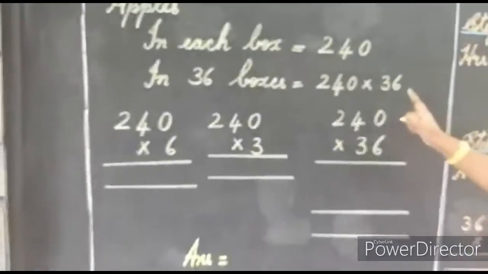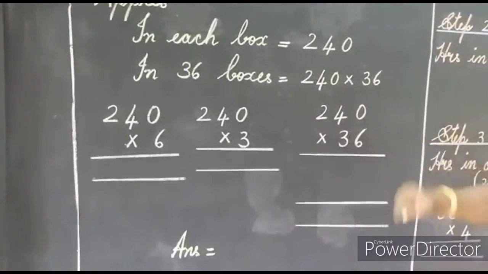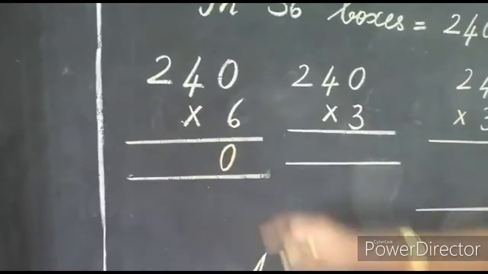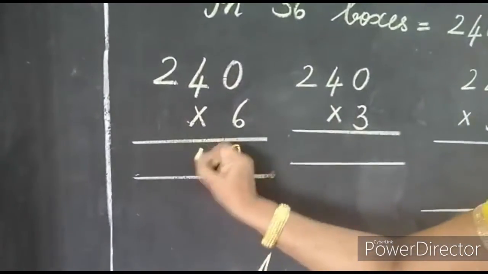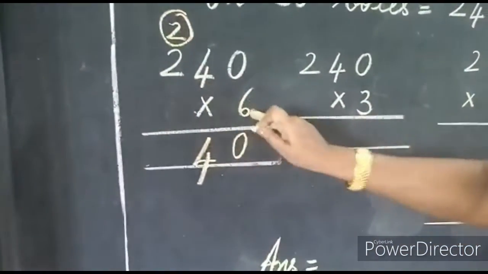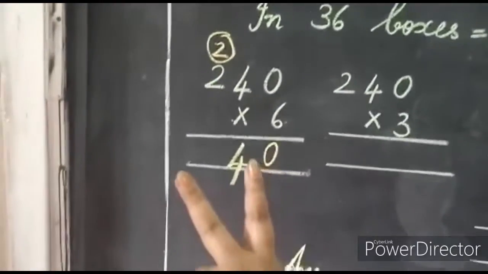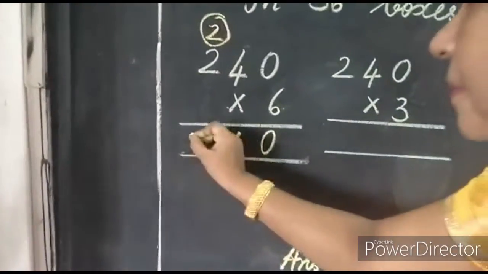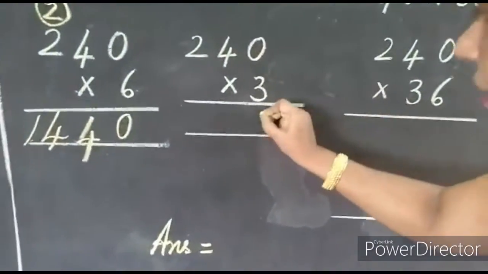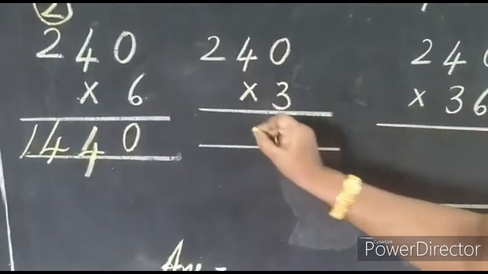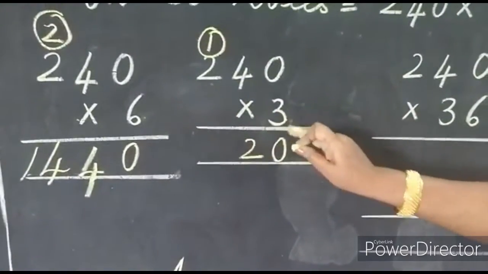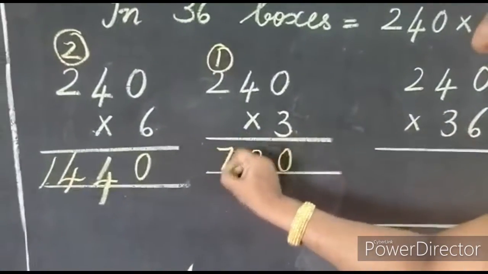Let's multiply first by ones place, then by tens place. 0 6s are 0. 4 6s are 24. 4, and carry over 2. 2 6s are 12. 12 plus 2 is 14. 0 3s are 0, 4 3s are 12, 2 and carry over 1, 2 3s are 6, 6 plus 1 is 7.